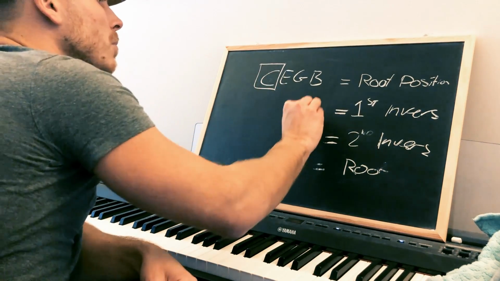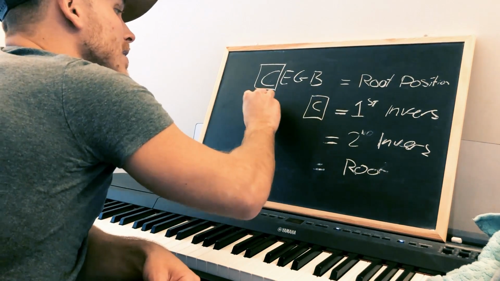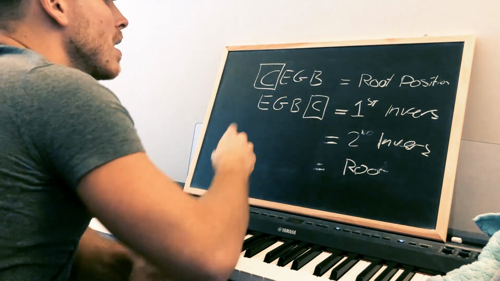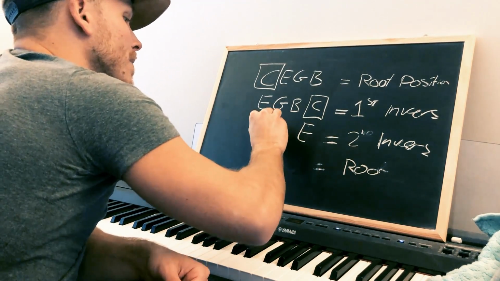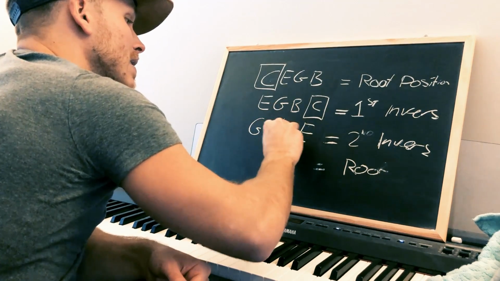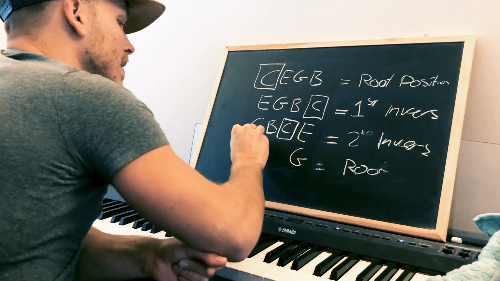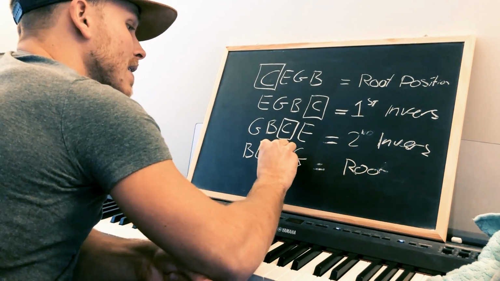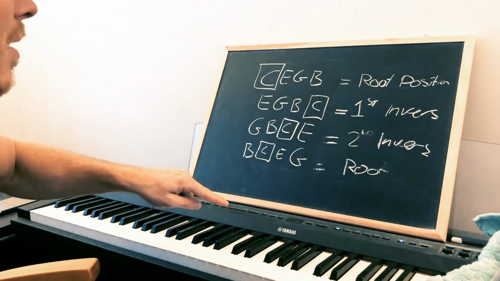What I have to do is I have to move the C to the end, and then write the rest, E, G, B. And then I have to move the E to the end, G, B, C. And then I have to move the G to the end, and then B, C, E. In order to find all of the combinations, okay?